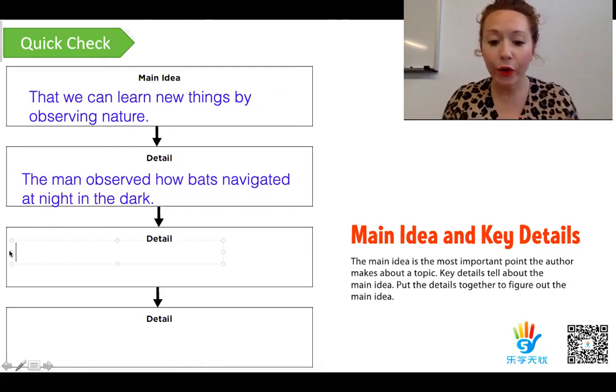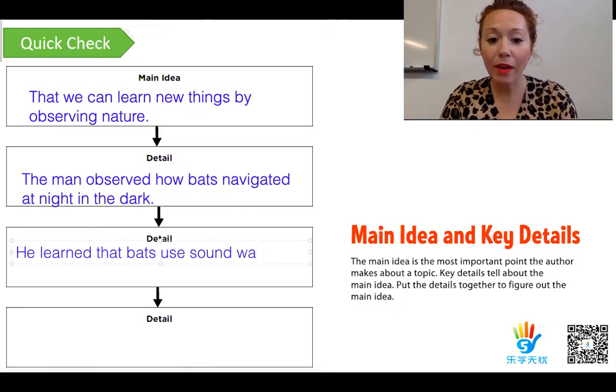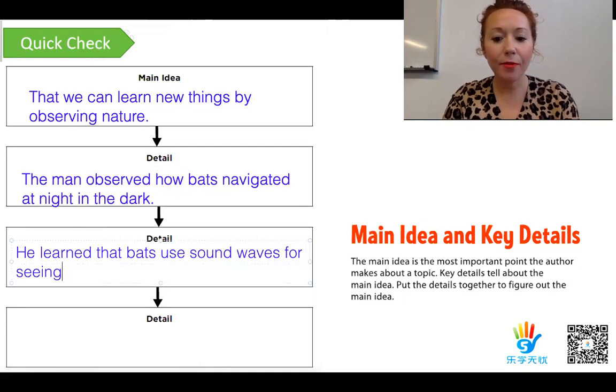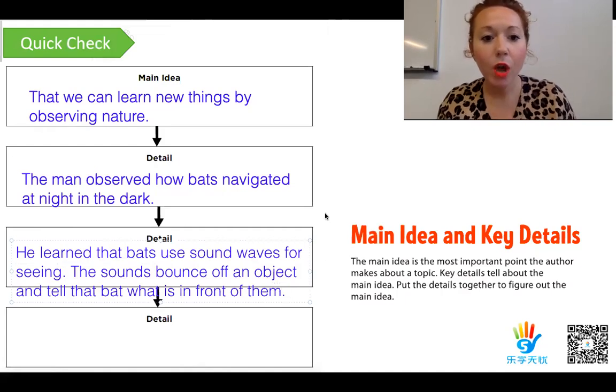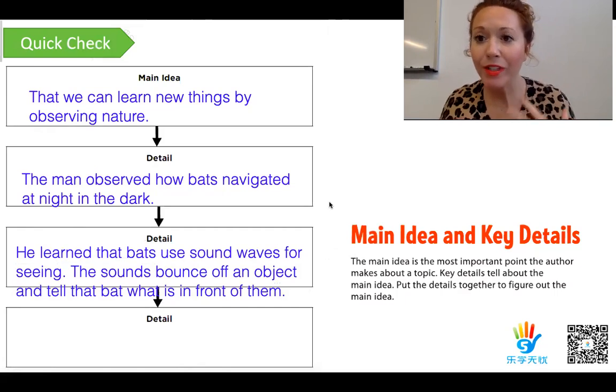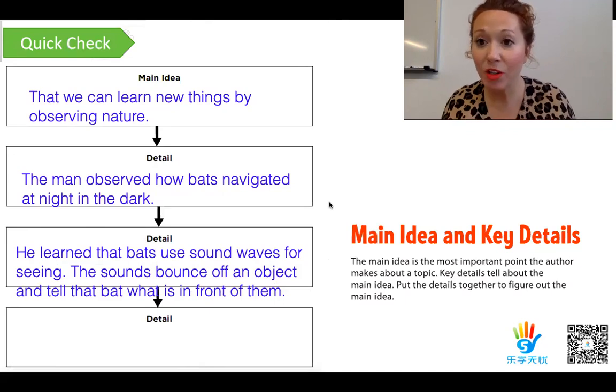Well, he learned that bats use sound waves for seeing. The sound waves bounce off an object and tell the bat what is in front of them. Okay? So that is how they are using their sound waves in order to navigate. So that is something new that we are learning by observing nature.